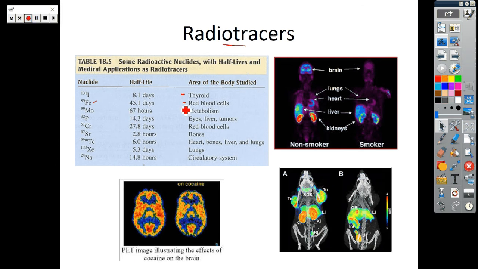There are a myriad of different isotopes that tend to focus on different parts of the body, and we can use those to track movement of molecules in the body and image where those molecules are most concentrated, and maybe where they're not.